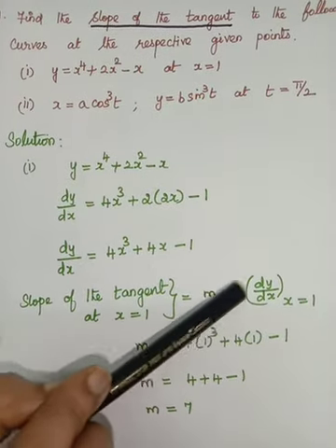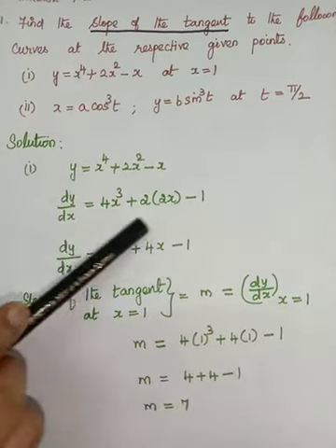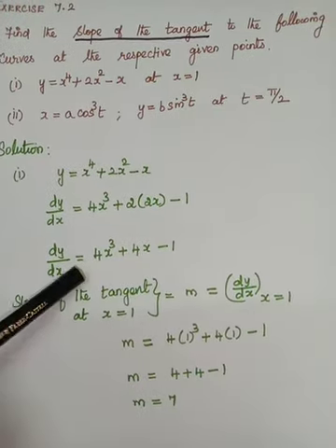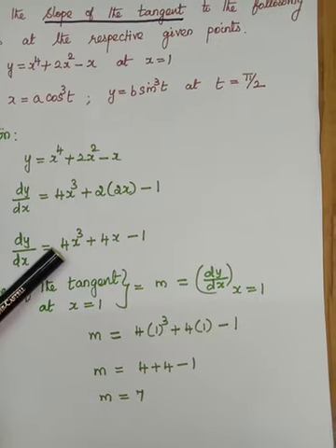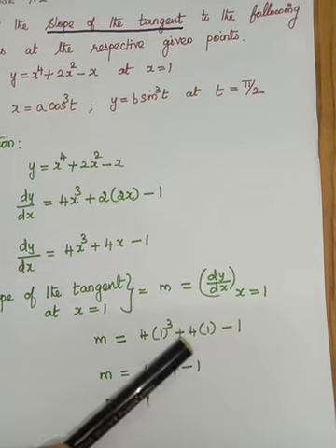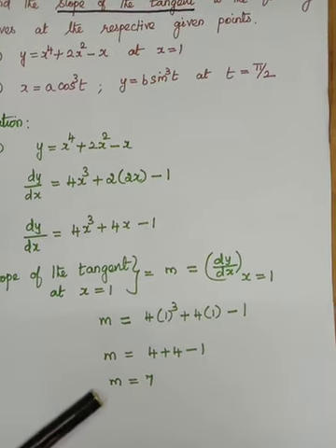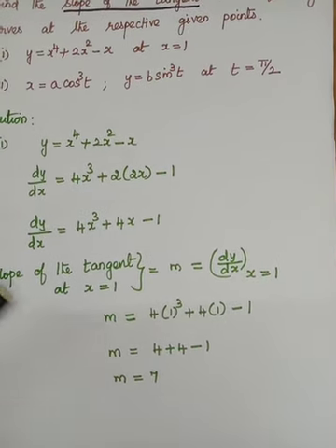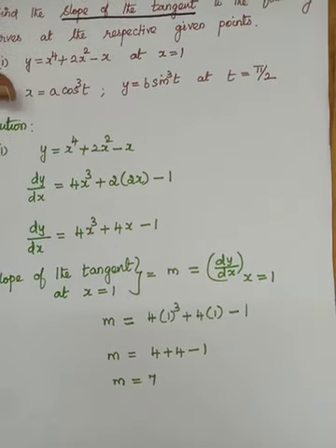The formula is dy/dx at x = 1. So you substitute x as 1. It will be 4 into 1 cube plus 4 into 1 minus 1. So your answer is 7. So the slope of the tangent to the curve at x = 1 is 7.